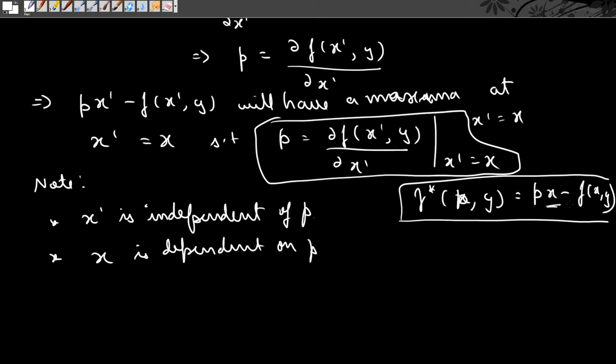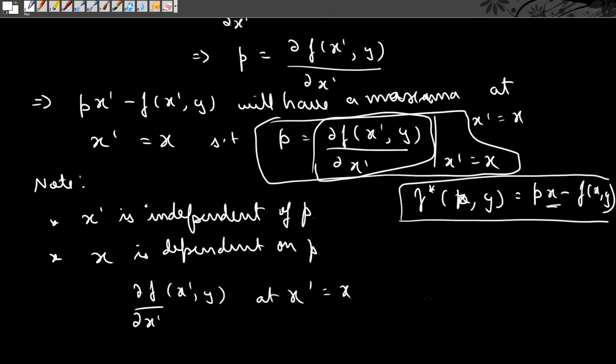Because this is the value of x dash where p x dash minus f of x dash y will have a maxima, and that value corresponds to the case where the derivative with respect to x dash of the function takes the value p. So when you evaluate dou f by dou x dash at x dash equal to x, you will get some expression in the form of x and y. I can always rewrite this as a function of p and y.